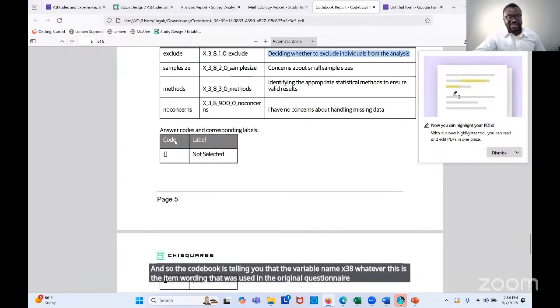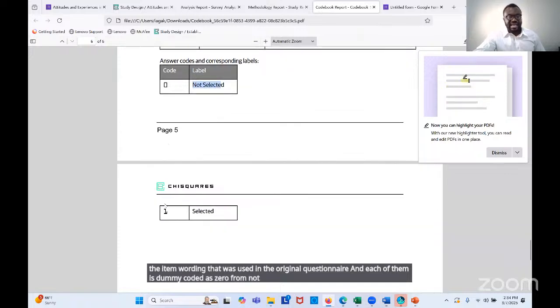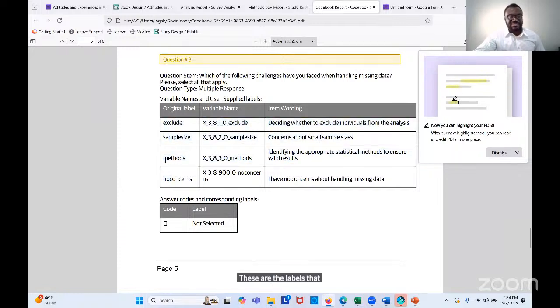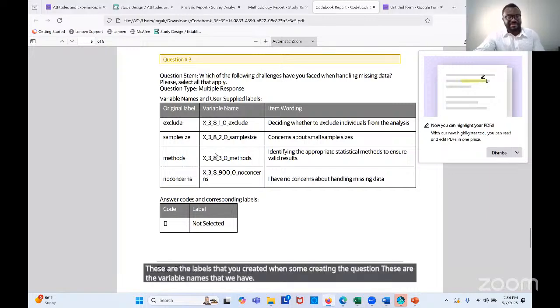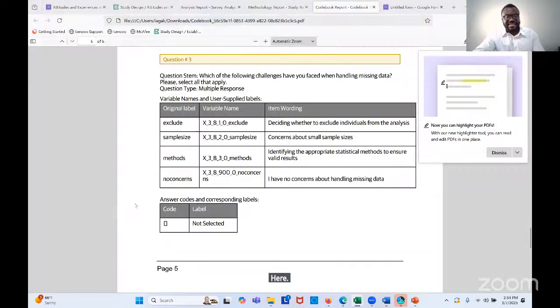Each of them is dummy coded as 0 for not selected and 1 for selected. So there's no way it can be confused, because these are the labels that you created when creating the question. These are the variable names that we have here. And then the dummy options are 0 and 1.